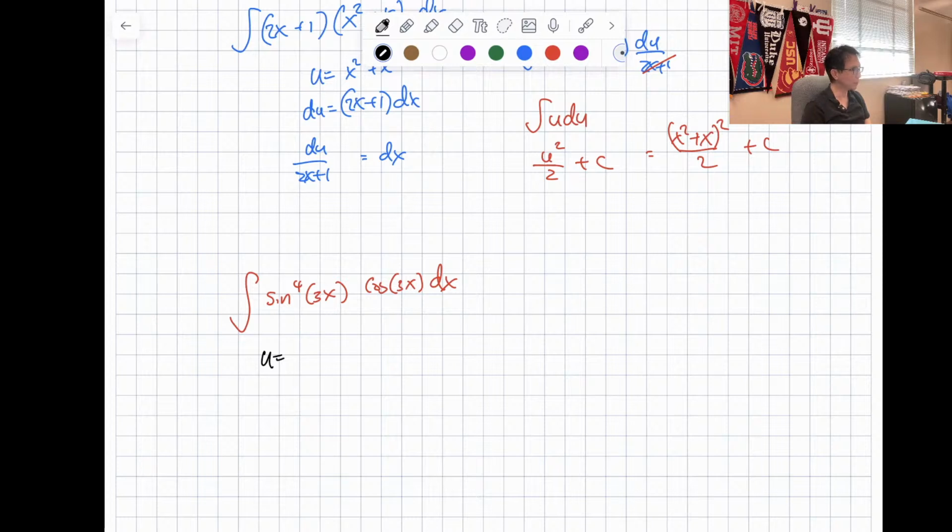Oh, we're trying to do the sine to the 4 and then cosine. Why is it sine 4x? That doesn't make sense.